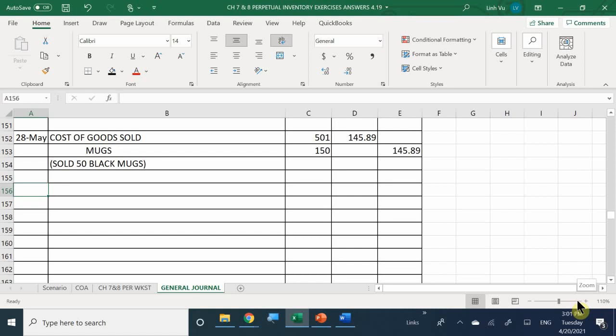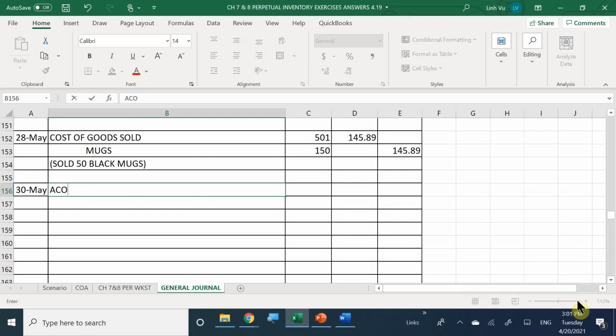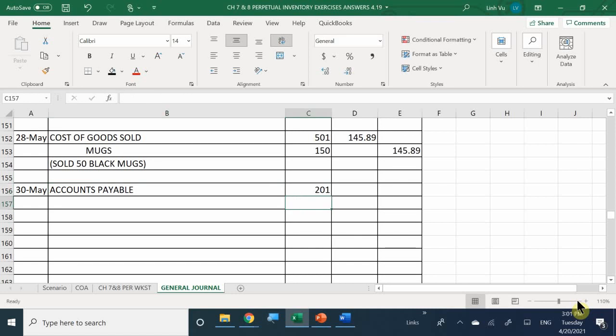If I am paying off my liabilities, what am I decreasing first? What account am I decreasing? Accounts payable, right? I no longer owe. I'm paying them off. So therefore, I need to decrease my liabilities because I don't owe it anymore.